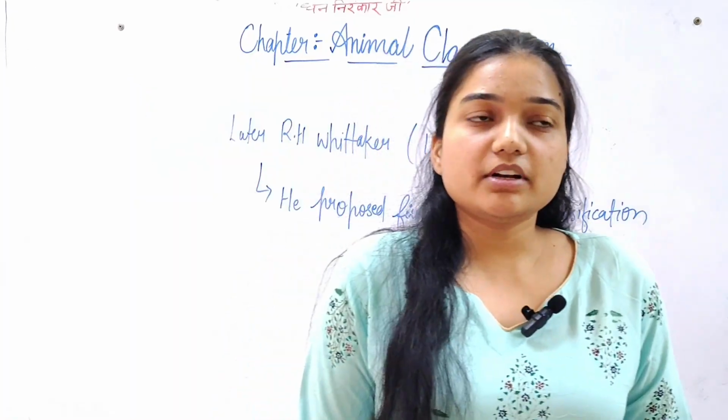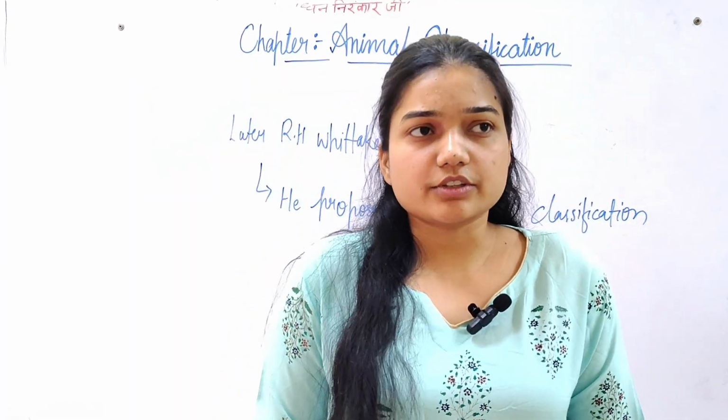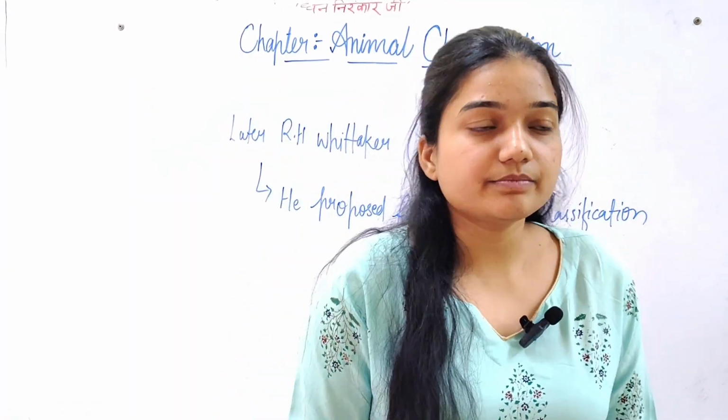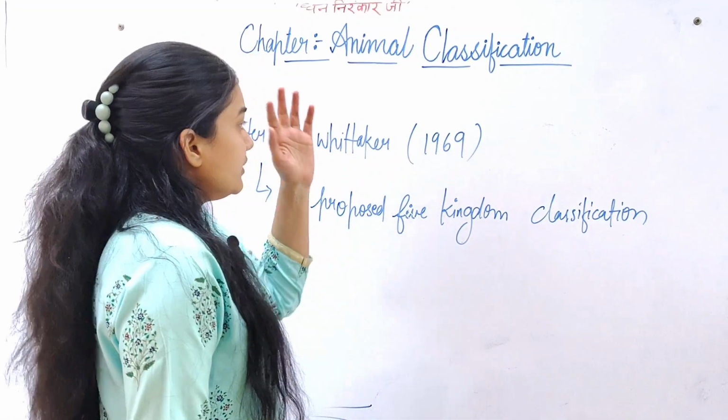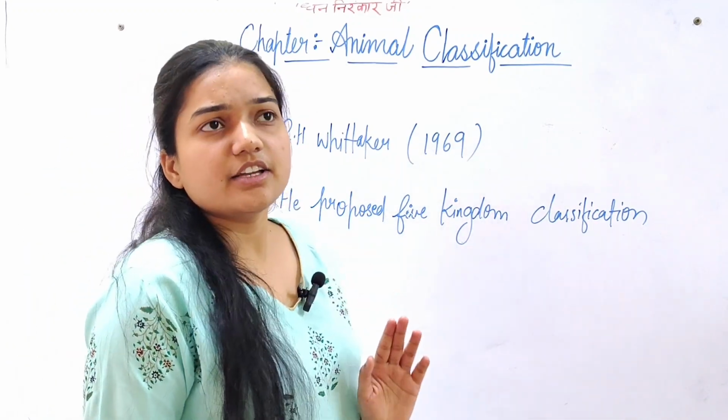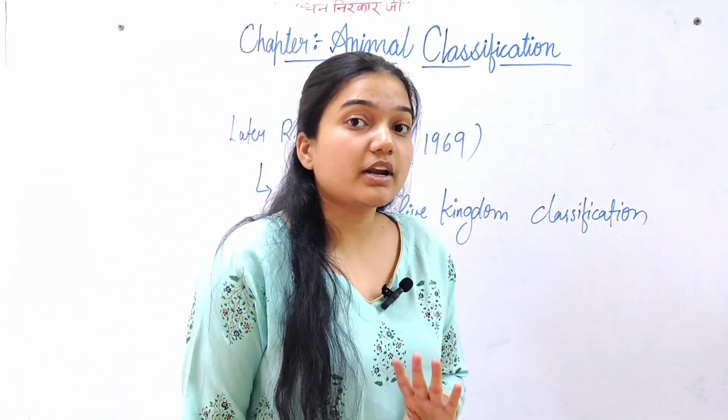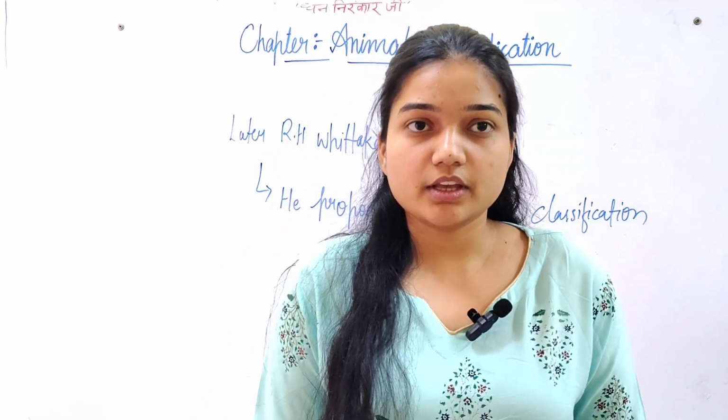Later, R.H. Whittaker in 1969 proposed the five kingdom classification of life.